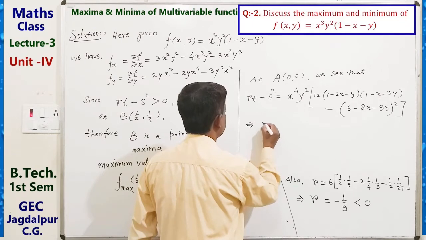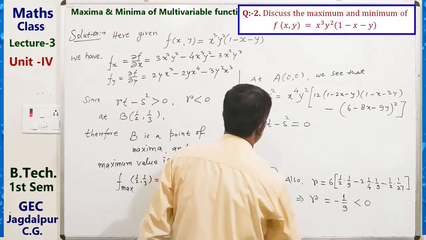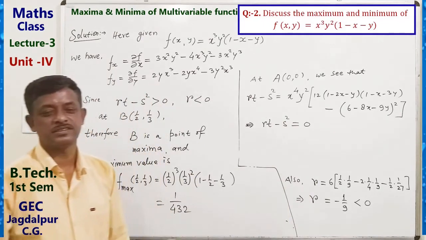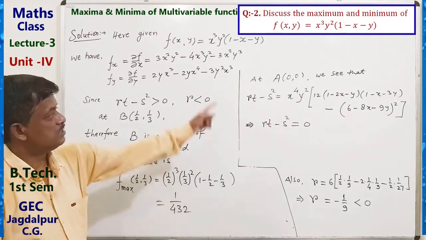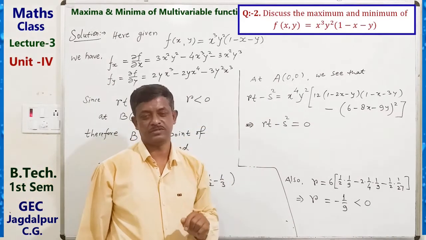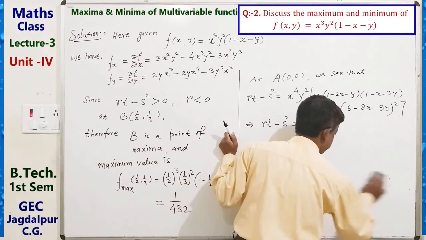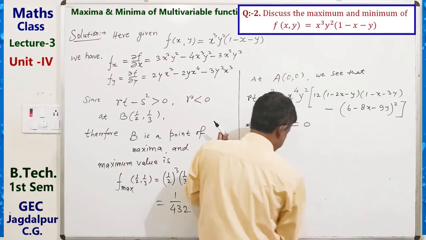xy is present everywhere, so RT minus S square is equal to 0. At 0, 0, RT minus S square, so you can see that this is equal to 0. And in this case, how can we decide?